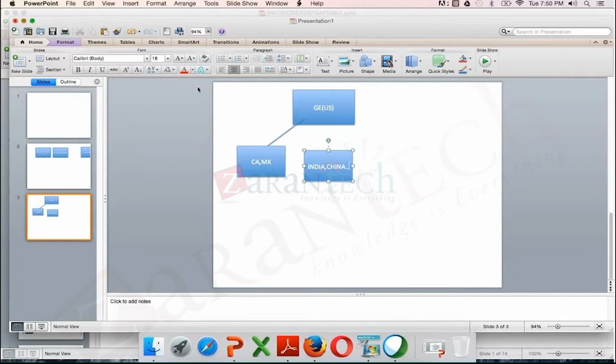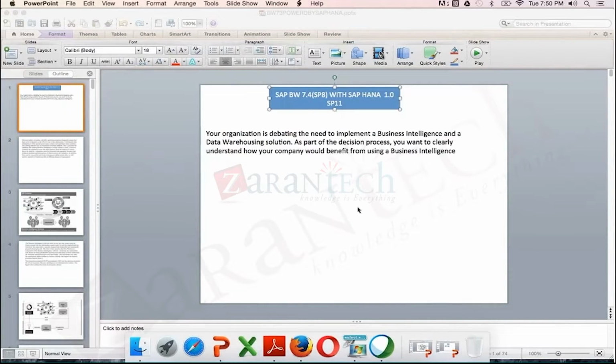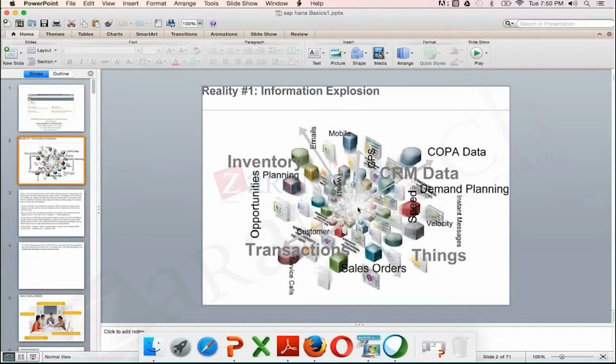If you look at this slide, the enterprise data of a company is spread across different geographical locations in different formats. Maybe in one location, GE requires Oracle as a database for their application. Maybe in another location, they require SQL Server as a database. So in various locations, they have different data warehousing applications, different types of ERP systems, and different types of applications.